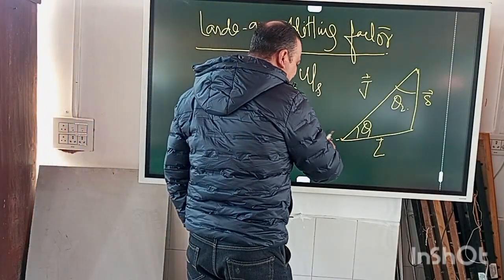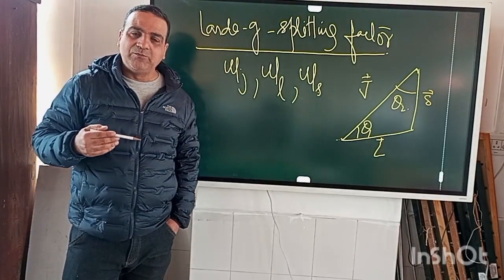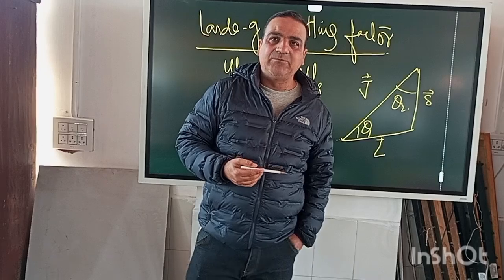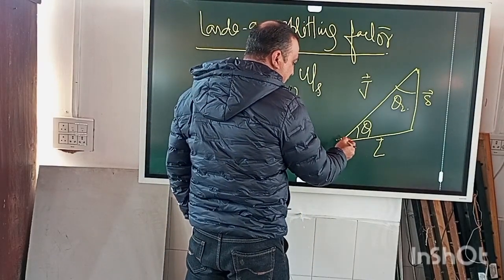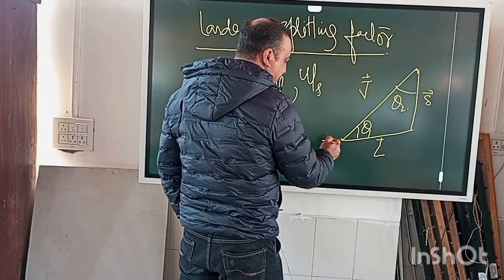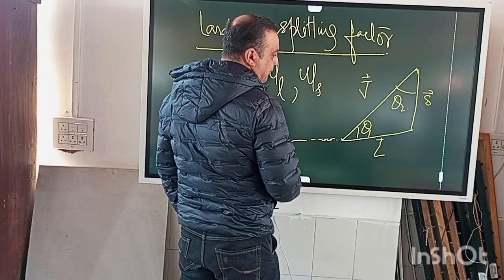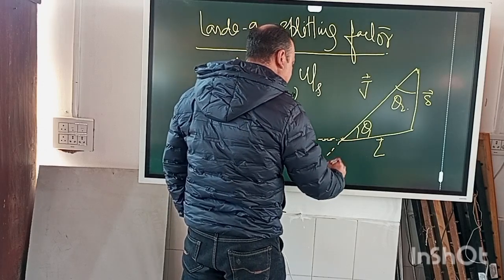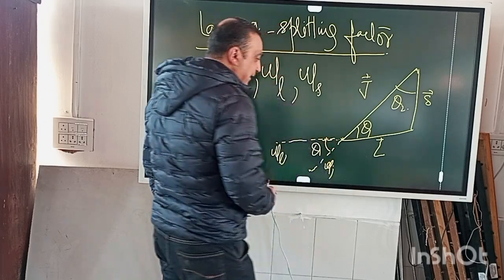As I said, the direction of the magnetic moment is opposite to the angular momentum, whether it's orbital angular momentum or spin angular momentum. So if I make a projection like this, this will give me mu L, and I can think of the projection of J as mu J. So this angle is going to be theta 1.